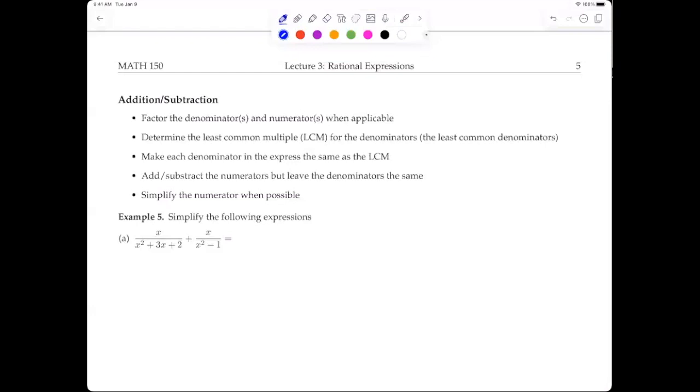All right, so let's fix that. So make each denominator in each expression the same as the LCM.